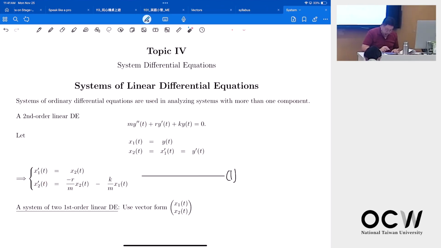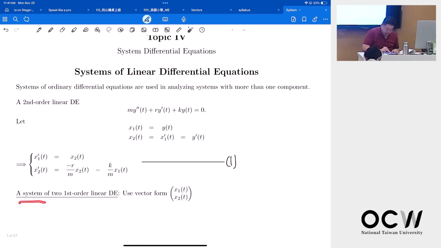So this is a system of two first-order linear differential equations, rather than needing to solve the second-order differential equation. Now this is only first order, and we use the vector form with x1 and x2 to put those two into a vector.